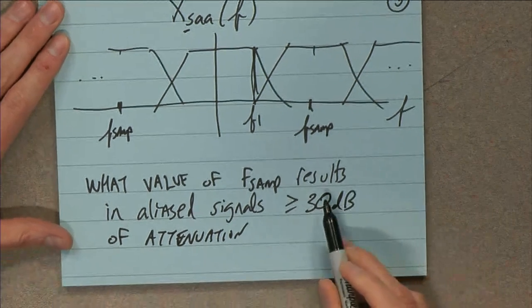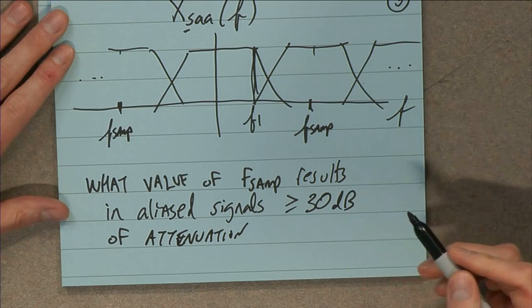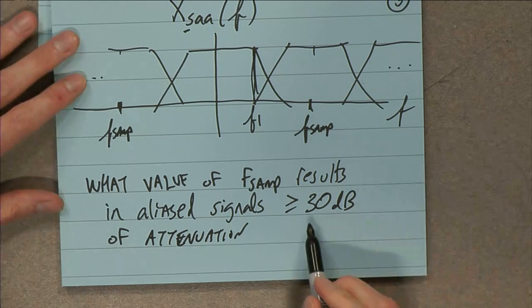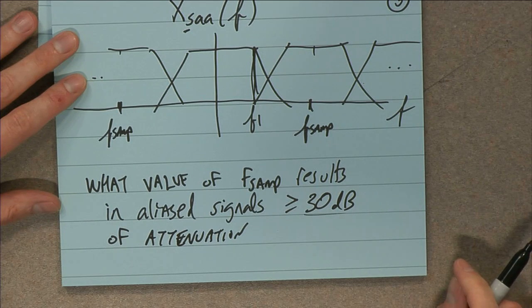So what value do we need so that the alias signals will be at 30 dB or more of attenuation?